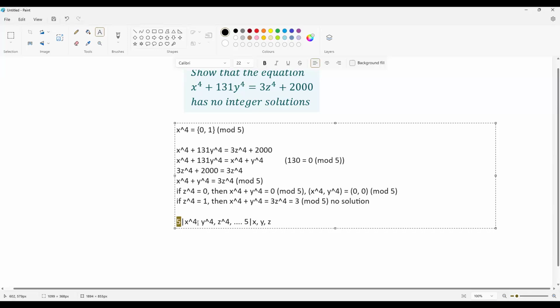Because 5 is a prime. But then that means 5 to the 4 divides x to the 4, y to the 4, z to the 4. And we have x to the 4 plus 131 y to the 4 minus 3z to the 4 equal to 2000.